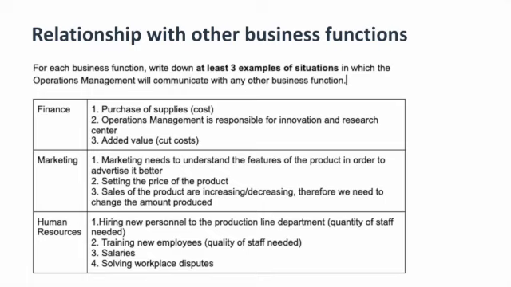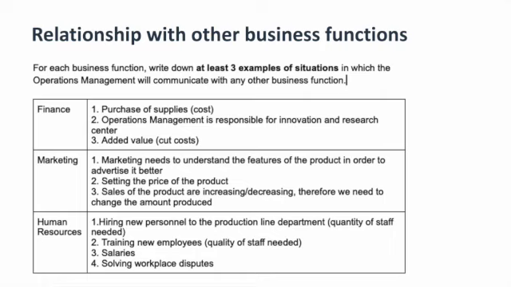Marketing needs to understand the features of the product in order to advertise it better. So they're probably going to meet with our department to discuss the features and understand the product better, so that they can ask us questions, we can answer, and we can discuss the key characteristic that would make our customers buy the product.